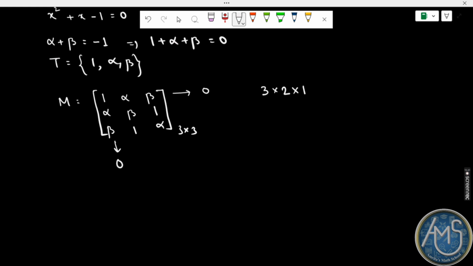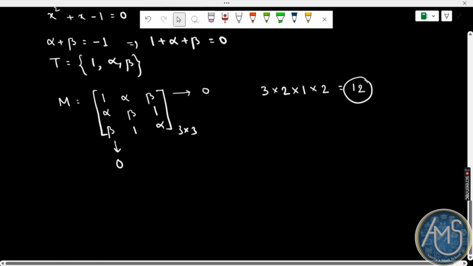After completing the first row, the first place of the next row is filled, then the second column can be this or this, so there are 2 ways, so into 2. So if row sum is 0 and column sum is 0, then filling all the elements in this way means 3 into 2 into 2, so 12.